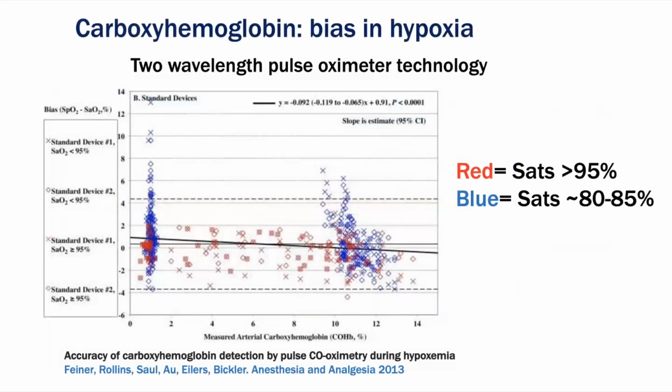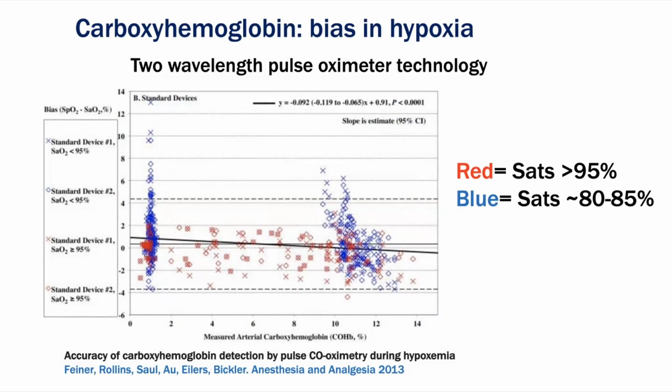Let's take the case of carboxyhemoglobin. That's an interference that's in the pulsable blood, and it produces a positive bias in pulse oximetry. These are some data from my colleague John Feiner here, who gave subjects carbon monoxide to breathe and increased their carbon monoxide levels to between 10 and 15%.